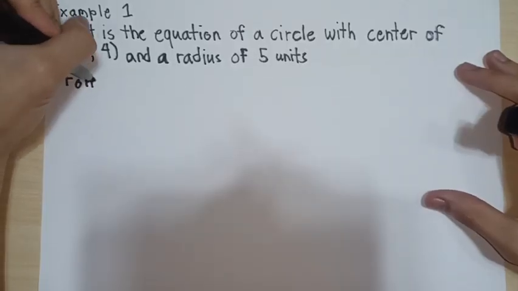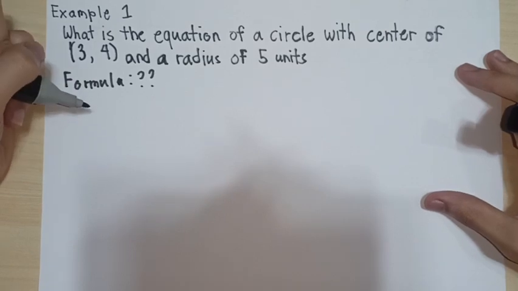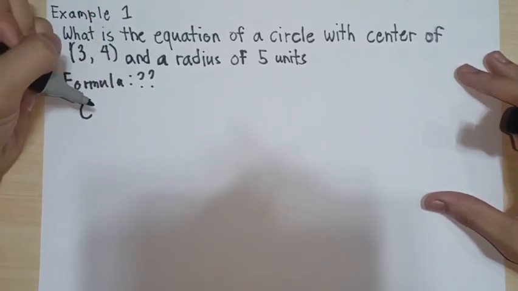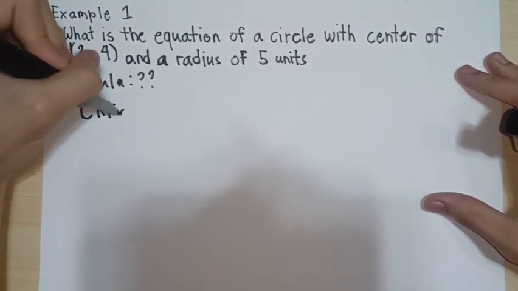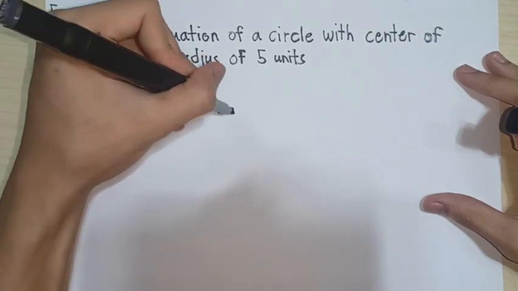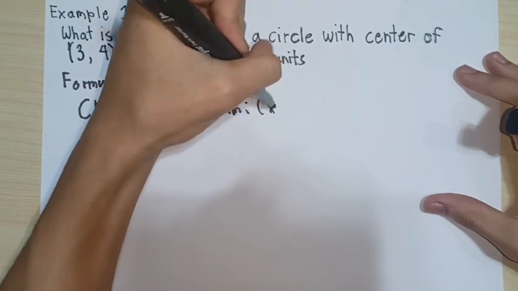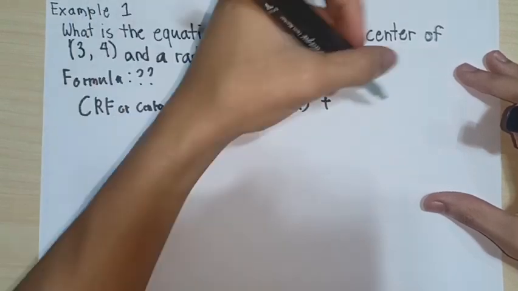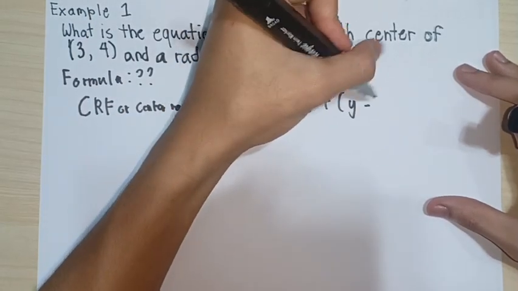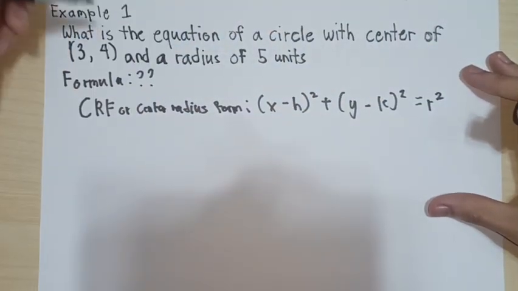Now we have to get the formula. It's CRF, or center radius formula: (x minus h) squared plus (y minus k) squared equals r squared.